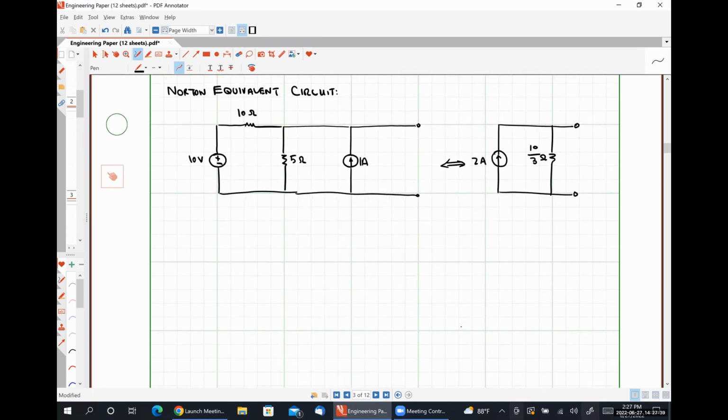So hopefully you guys paid attention in the video lecture for source transformations, wherein we said that we can convert a practical voltage source, so that would be some voltage in series with a resistance, into an electrically equivalent current source, or a current source in parallel with some resistance.